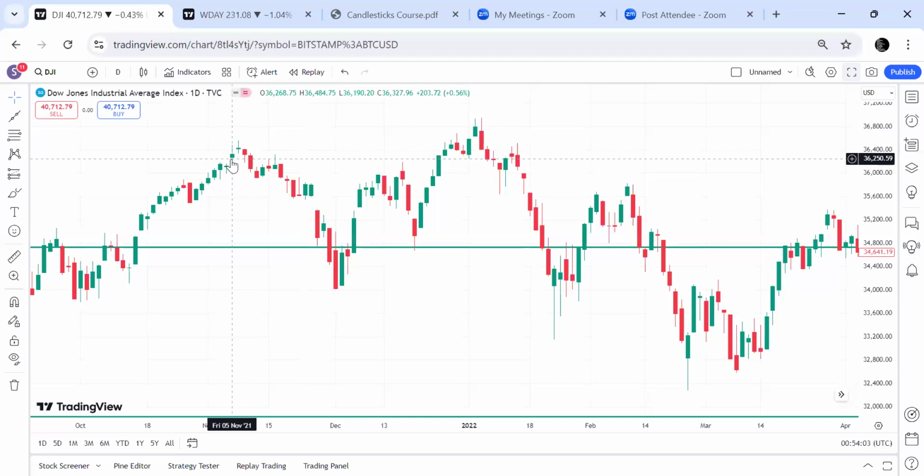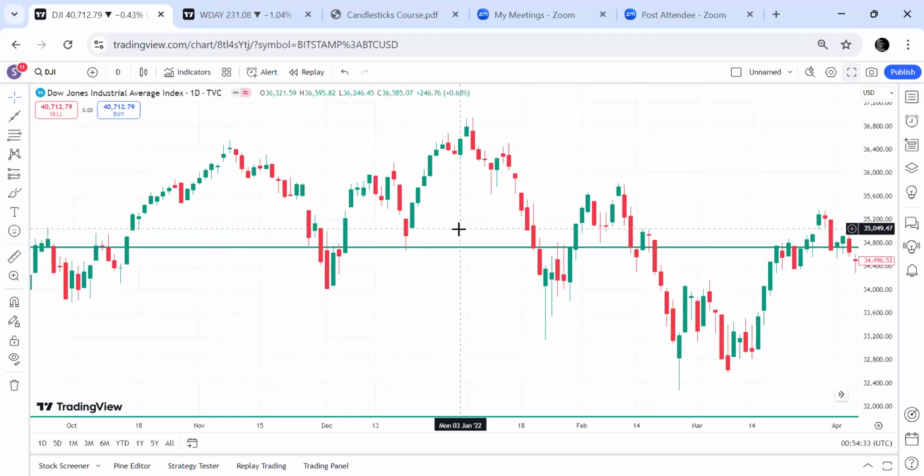As you can see, it had opened at 36,280, and it had risen till 36,500. But again, the sellers came into force, and pushed the price from 36,500 to 36,300. So here, the sellers are slowly taking over the control. So it may indicate a reversal.